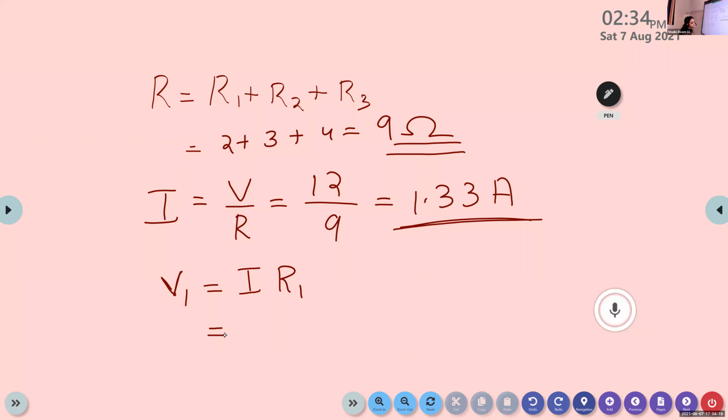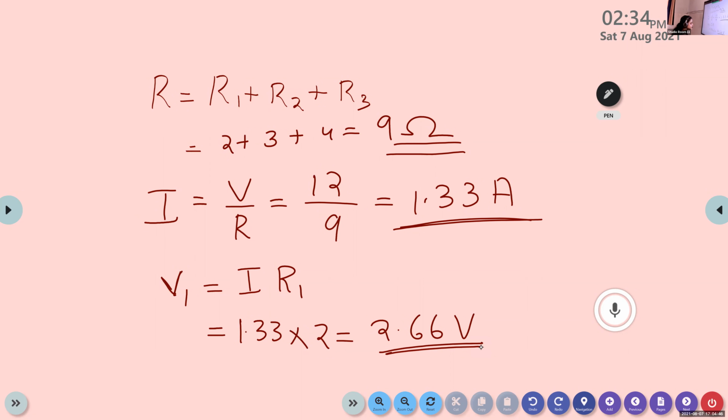What is I? 1.33. 1.33 into R1, into 2. What is 1.33 into 2? 2.66. 2.66 volt.